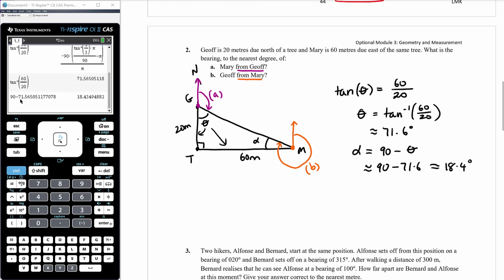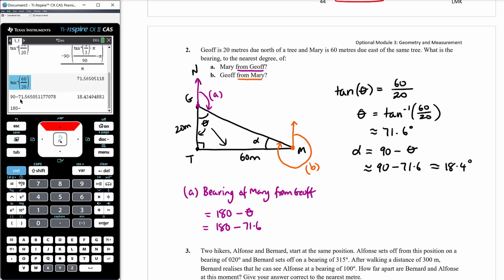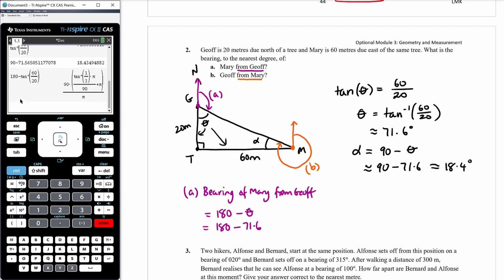Okay, so then if we think about our bearings, part A, bearing of Mary from Jeff. As we said, that's this purple angle up here, and so we know that's going to be 180 minus theta, which is 180 minus 71.6. 180 minus this answer we worked out up here.